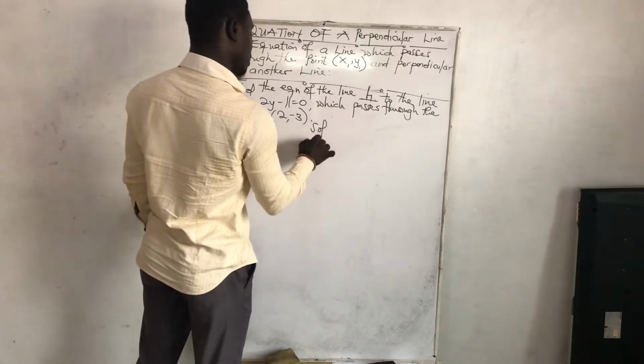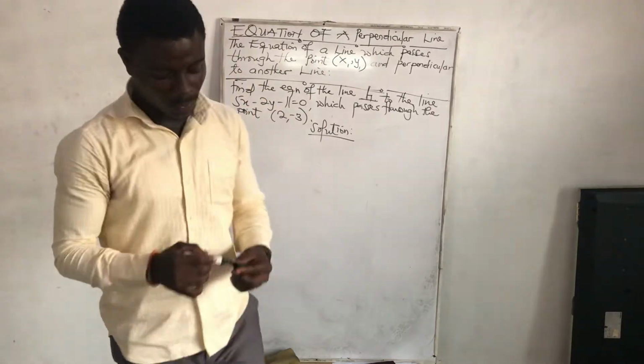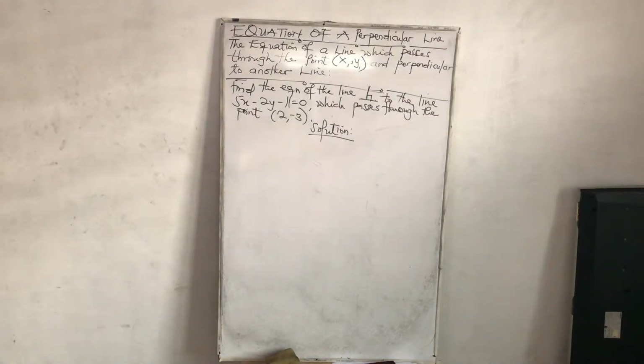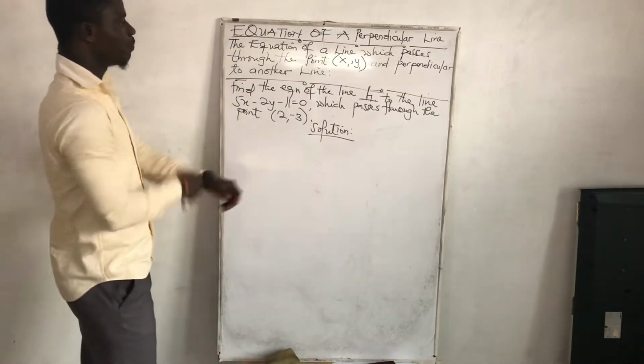So solution here. How best can we solve that? Watch the question very well. Find the equation of the line perpendicular to the line.